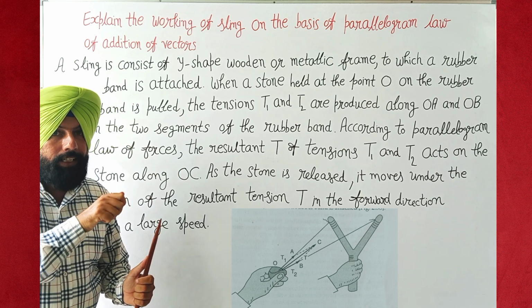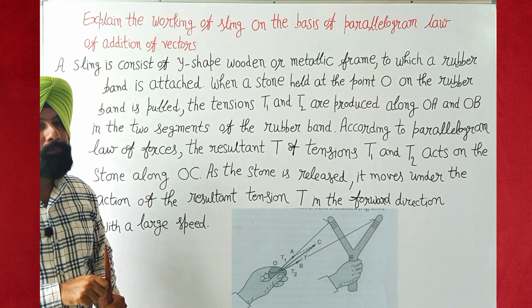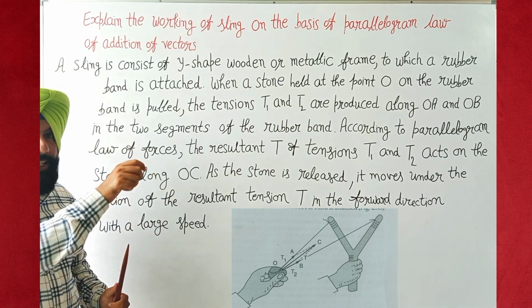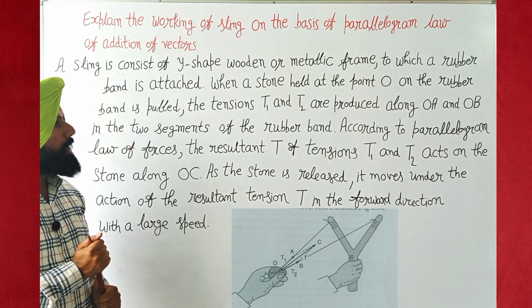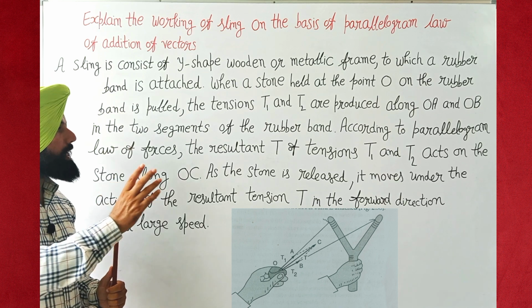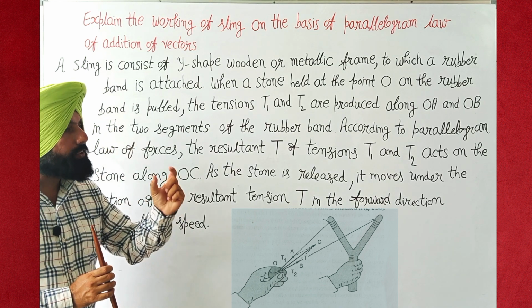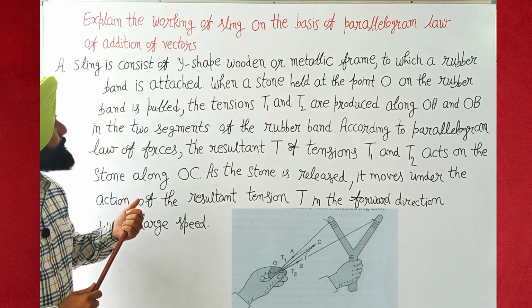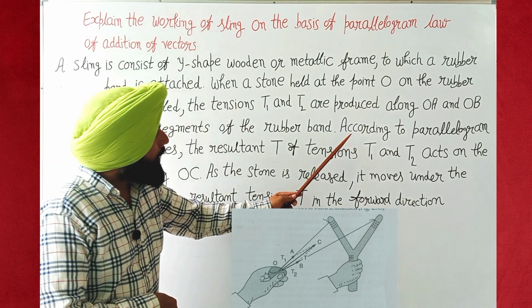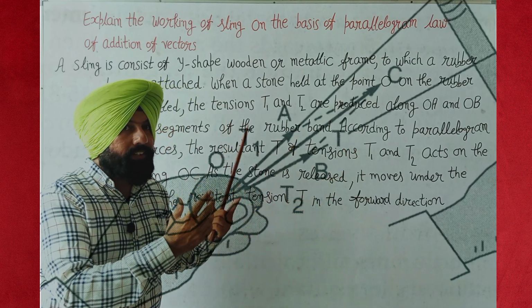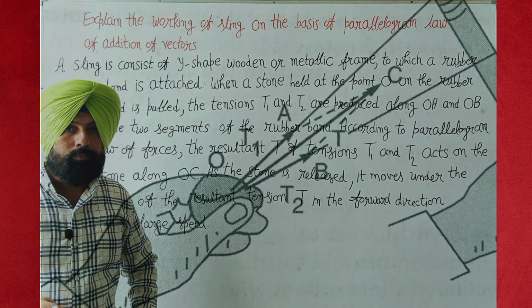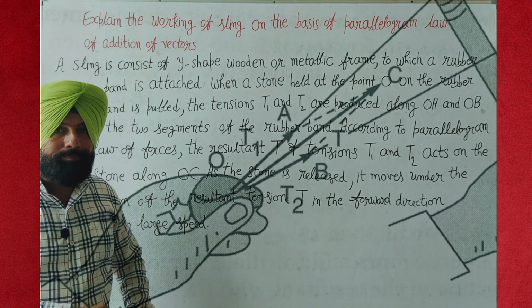We are pulling the rubber band towards ourselves, and at the same time tensions are produced in the two segments of the rubber band. Now what happens? Here two tensions are acting at the same point, which we have named O, where we have kept the stone.